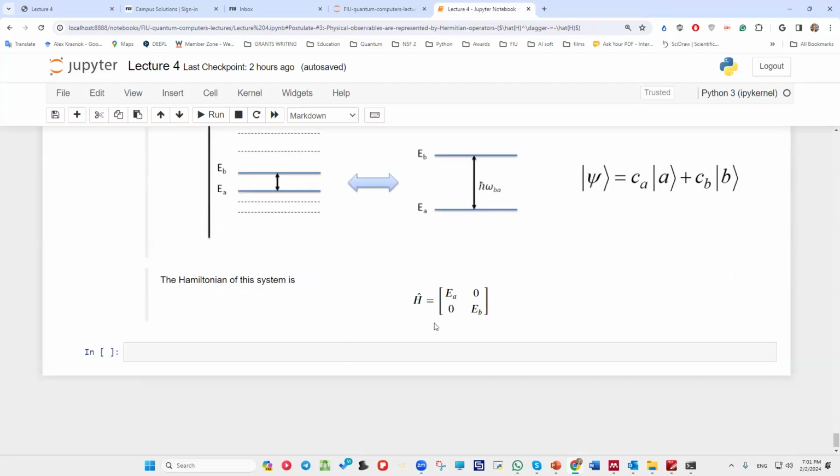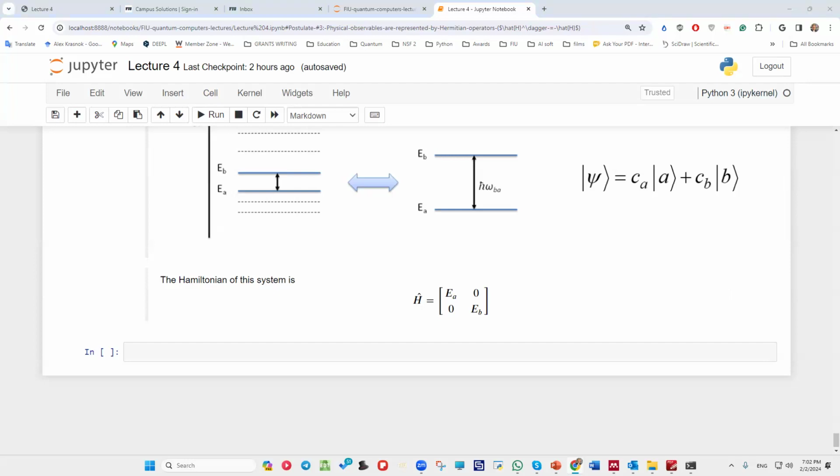And then I say that the Hamiltonian, which is the operator of energy, must contain the energy of the ground state and the energy of the excited state as the eigenvalues of the corresponding matrix, right? This is the Hamiltonian of the system. It's just a matrix with two numbers on the main diagonal.